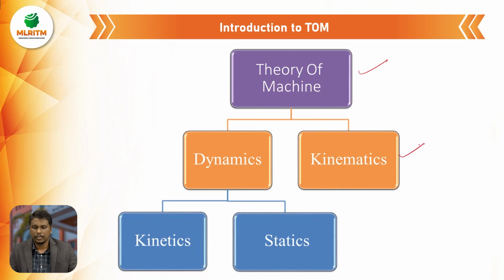Kinematics is without mass or force acting, and dynamics is where we calculate the force and its effect. In kinetics we use only inertia force, and in statics we calculate the force and effect, but the body should be in the rest condition. So this is the basic introduction about the theory of machine.